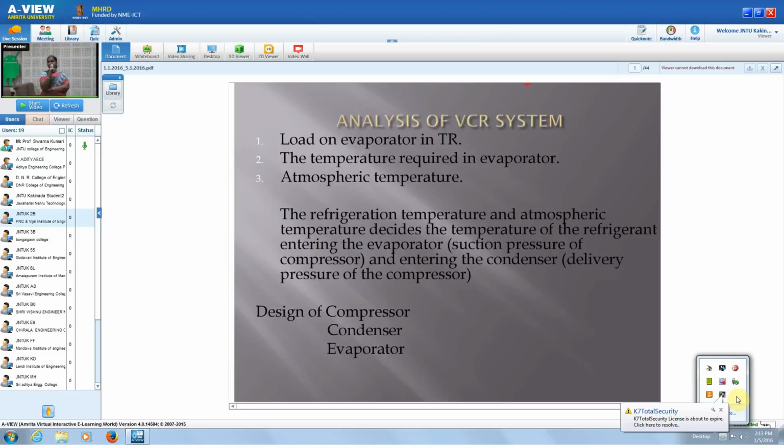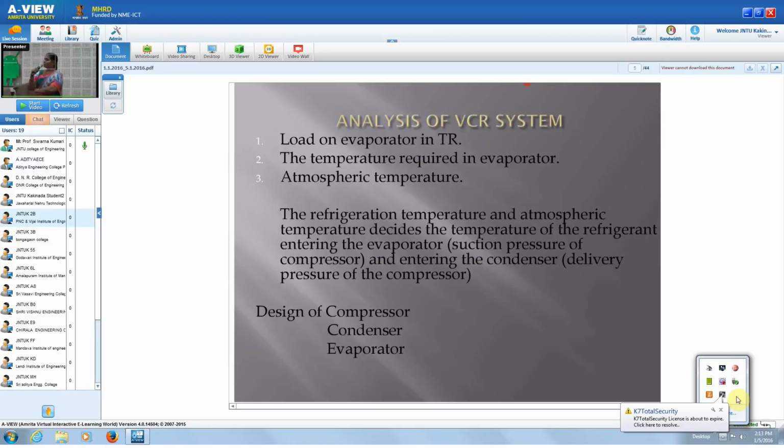So with all this, we are able to find the suction pressure and the discharge pressure required for the compressor, and also the design of the compressor. So is it the different types of compressors, reciprocating compressor or axial flow compressor or centrifugal compressor? So which type is generally used for wet compression or dry compression?